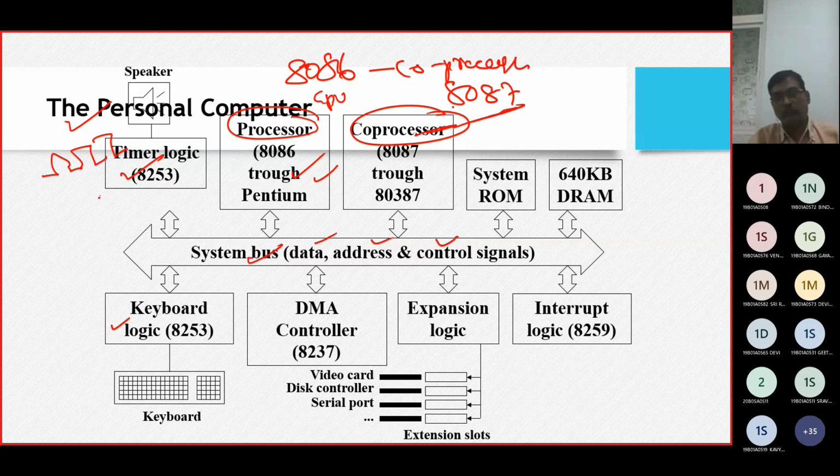When we work on advanced graphics applications, the co-processor comes into the picture. If you have a graphic port, only then can your laptop play 3D games.